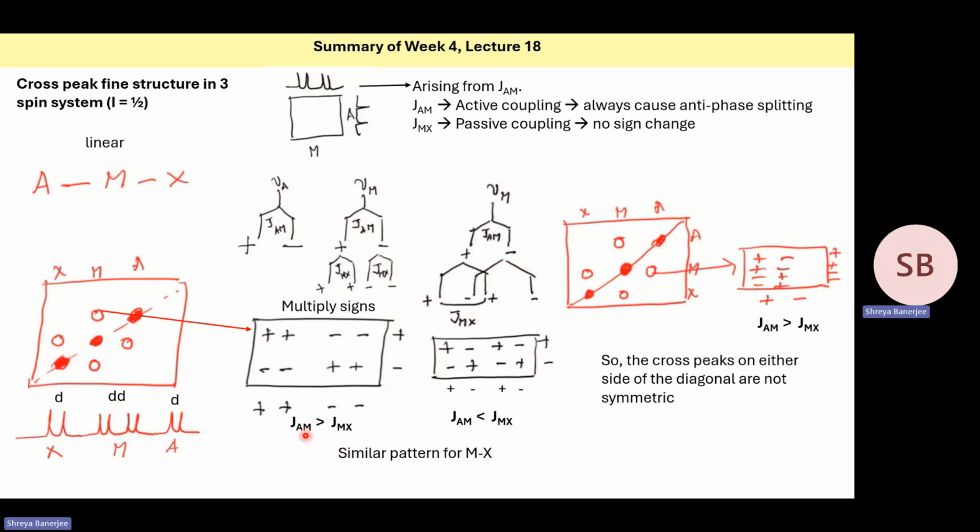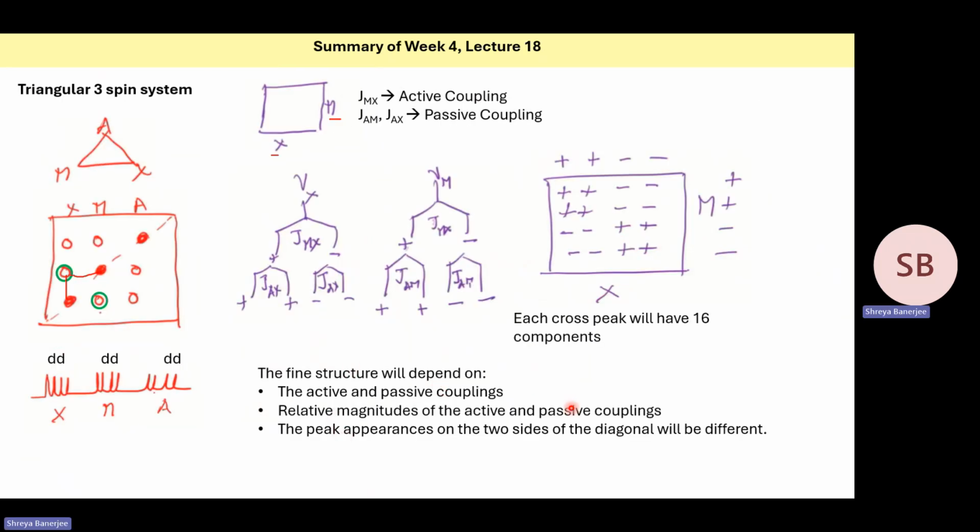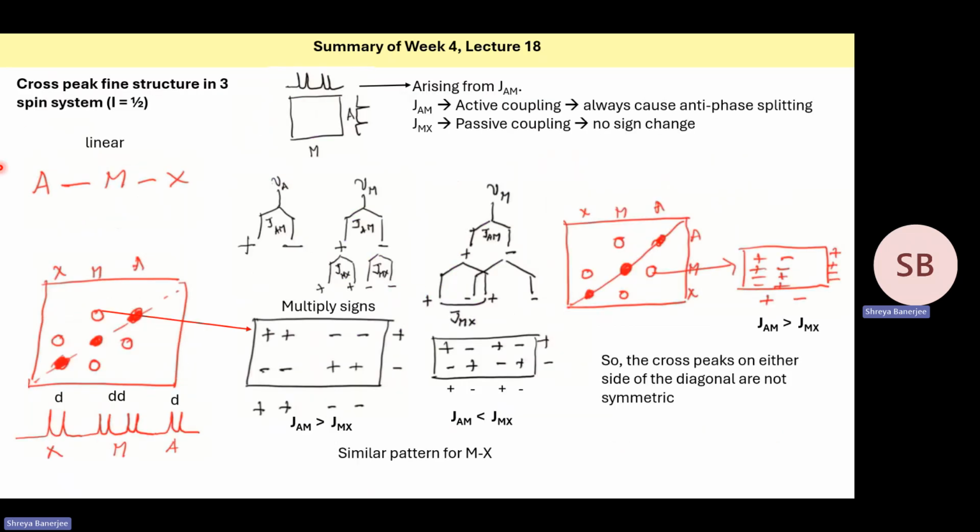Whether the active coupling is larger or the passive coupling is larger, the fine structure will be different. And finally, the peak appearance on the two sides of the diagonal will be different, which we already saw. This is the peak appearance when you have M in the y-axis and A in the x-axis.